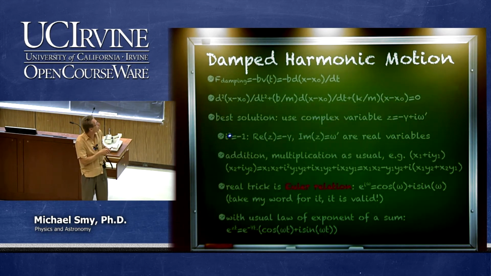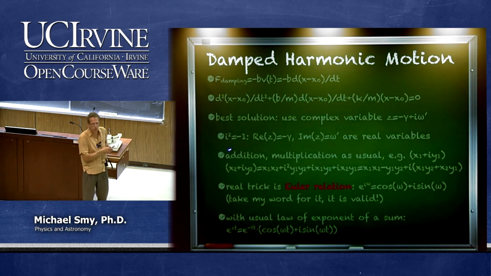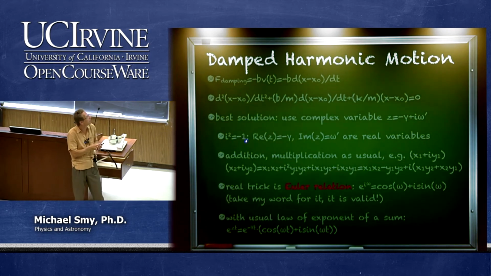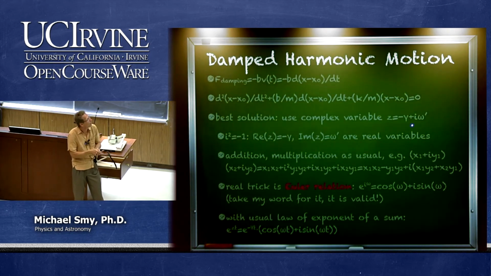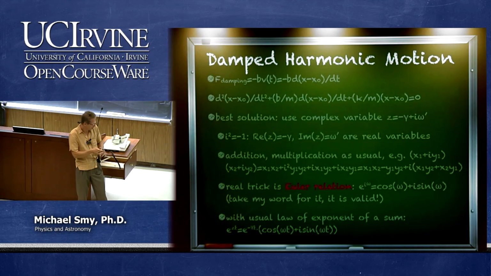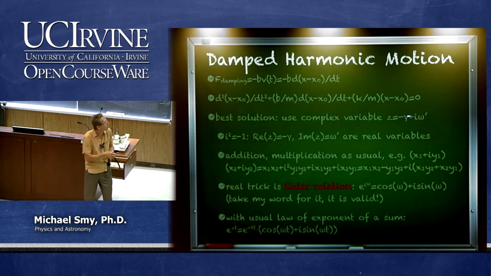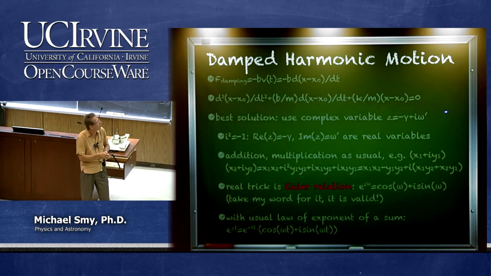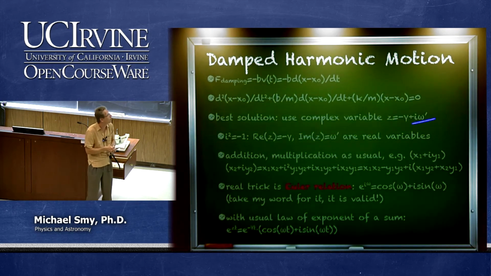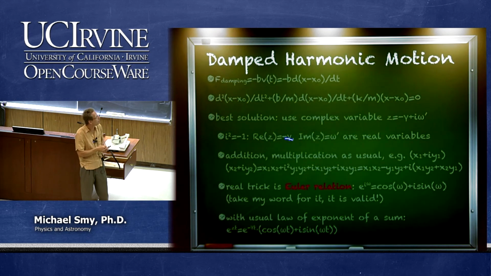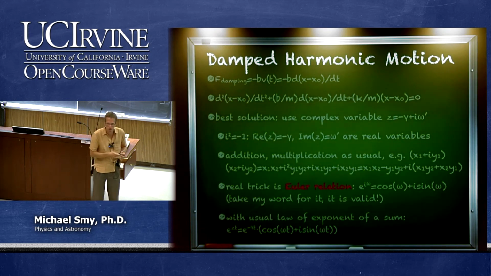And we assume there's a quantity called i, which when it's squared, it equals -1. And we call the first part of this the real part, the minus gamma. And the second part, without the i, we call the imaginary part, or omega prime. And both of them are just normal real numbers.